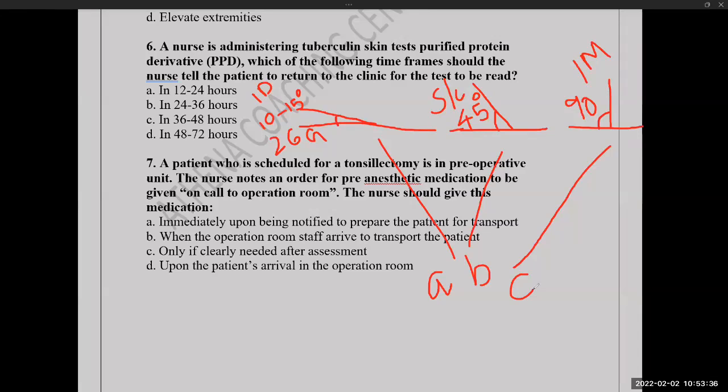Injection amikacin. Obviously I have not given IV, so you have to select any other thing. Amikacin is always IM. Okay.